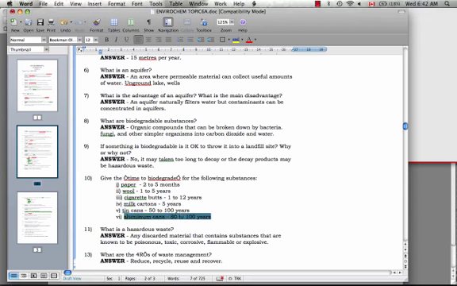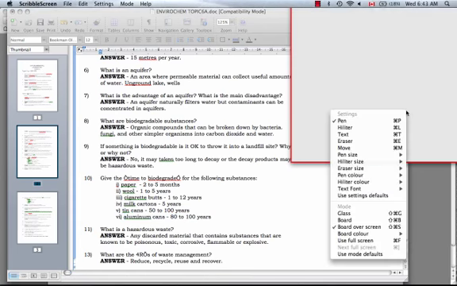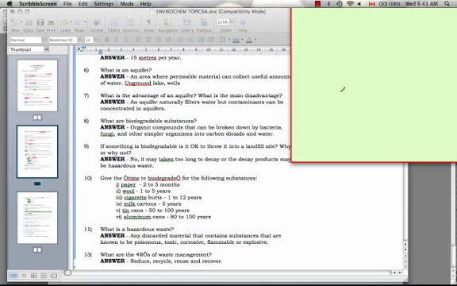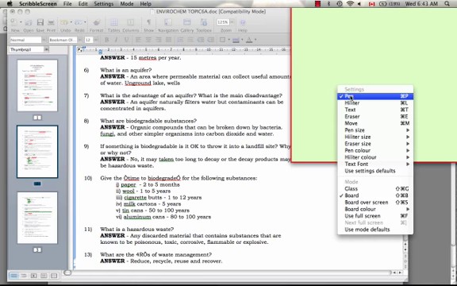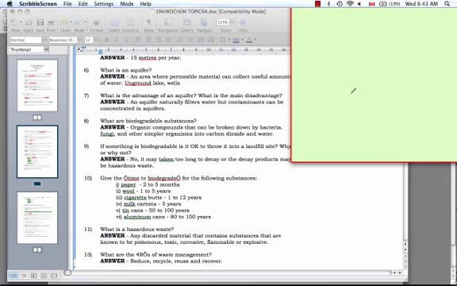Don't forget, when it comes to biodegrading, there are certain things to speed up the biodegradation process, and one of them is moisture, higher temperatures, more surface area.